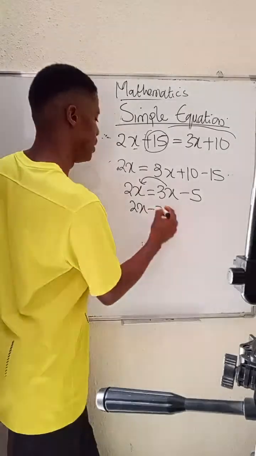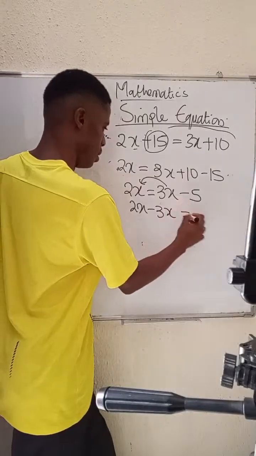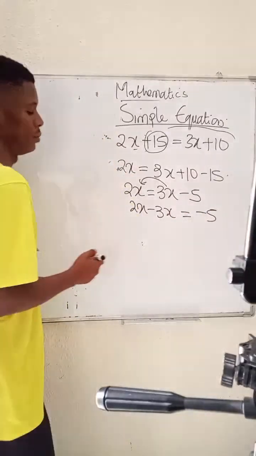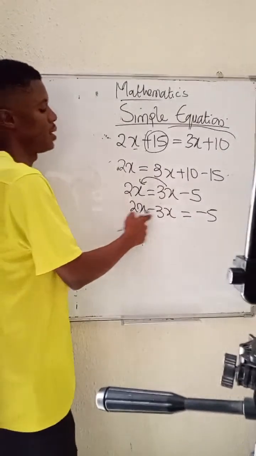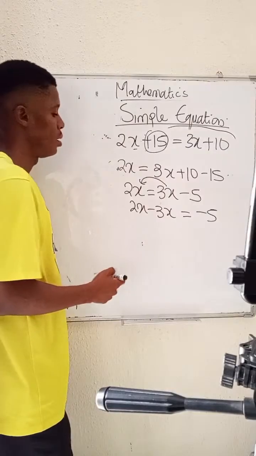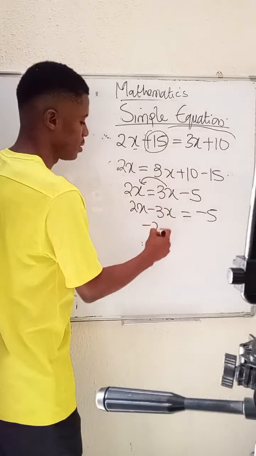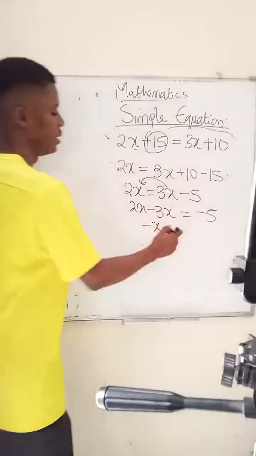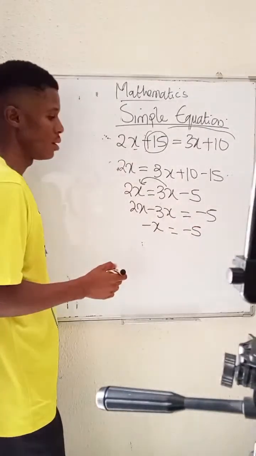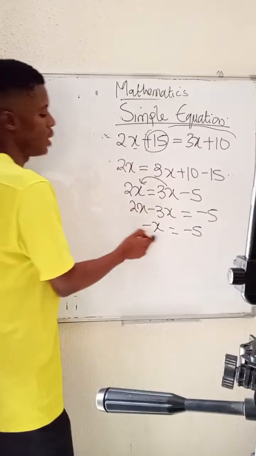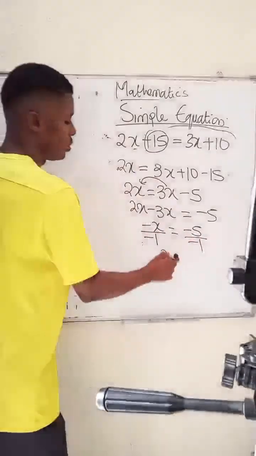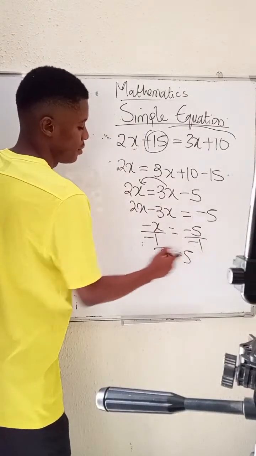You have minus 3x minus 5. So minus 2x minus 3x is what? You have minus x, and that's equal to minus 5. Now you divide by minus 1 and divide by minus 1. So you see that x is equal to 5.